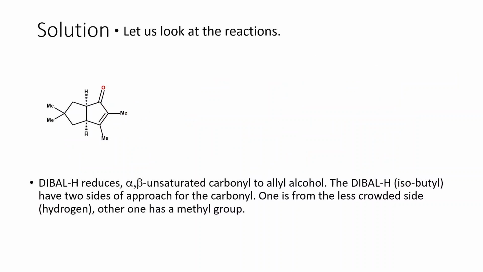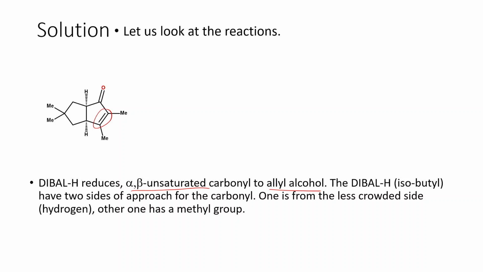So if you look at the DIBAL-H reduction, here DIBAL-H generally reduces an alpha beta unsaturated carbonyl to an allylic alcohol. In other words, nothing happens to the double bond. So the double bond is retained.